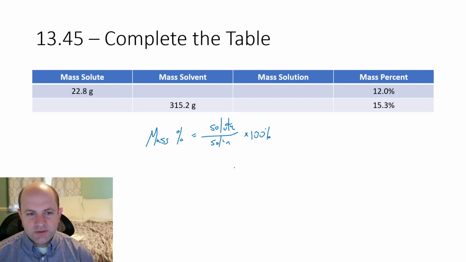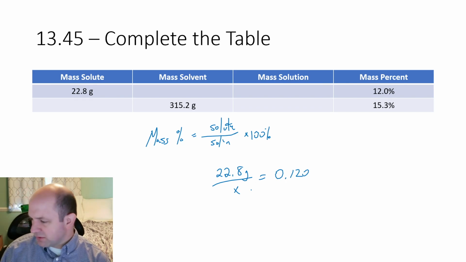And so in this case, we'd say 22.8 grams over X will be equal to 0.120. So I got rid of the 100 and moved it over.